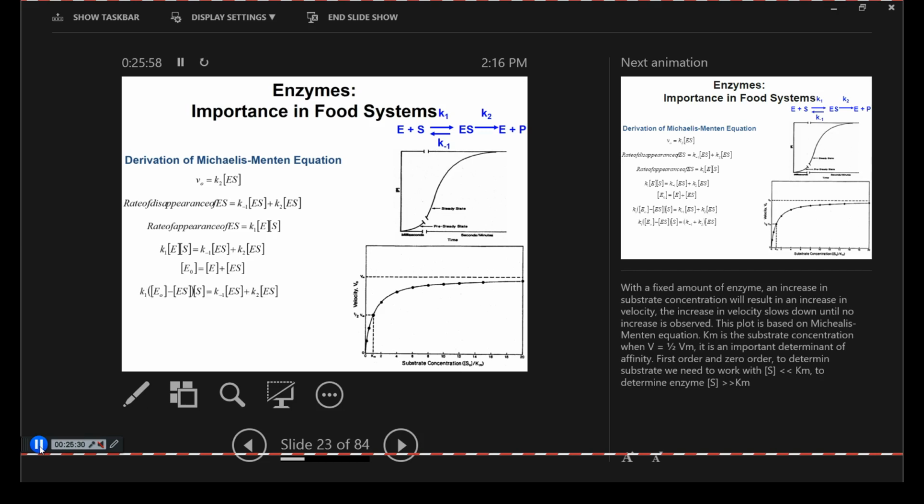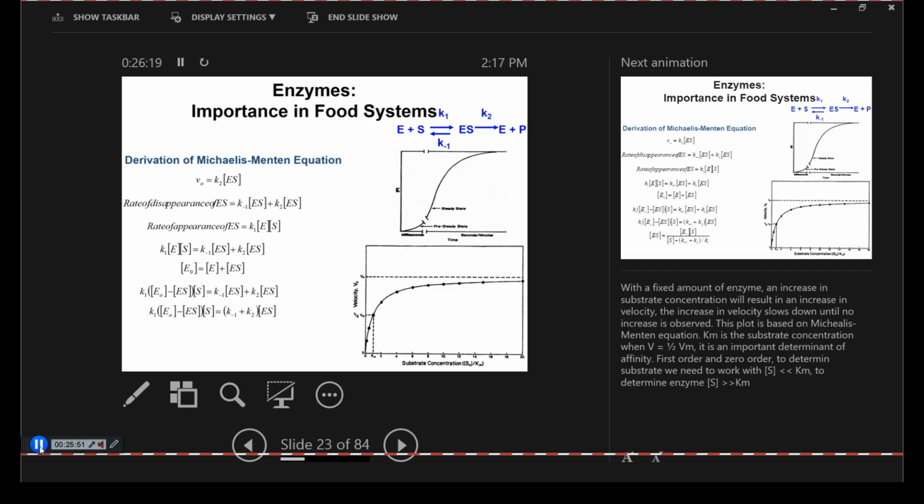Then I substitute E. So E equals E0 minus ES. And then I just substitute the E in this equation. That's the only thing I did differently here, is I substituted so I have ES in my equation.